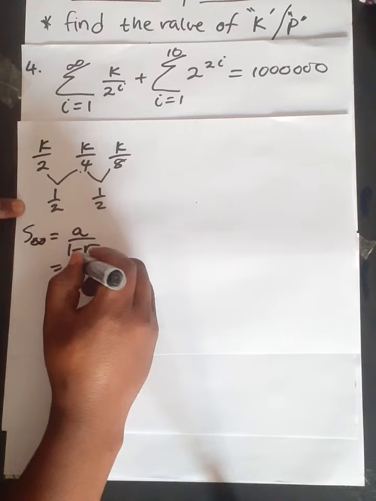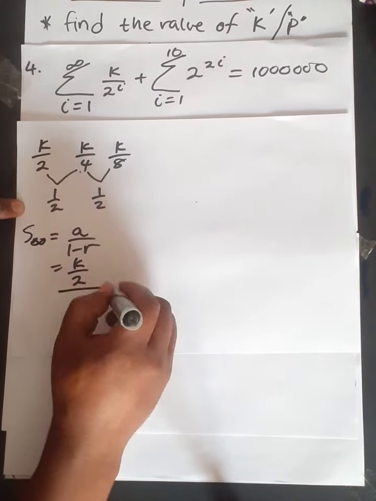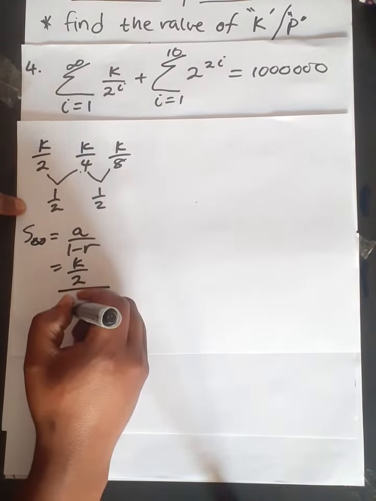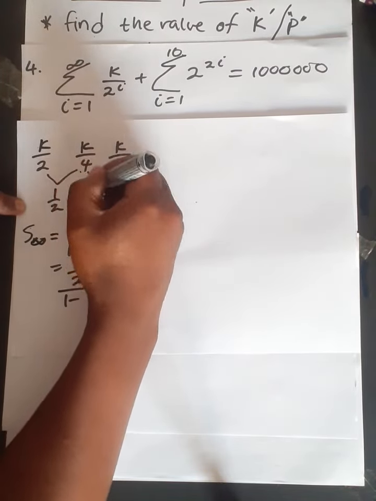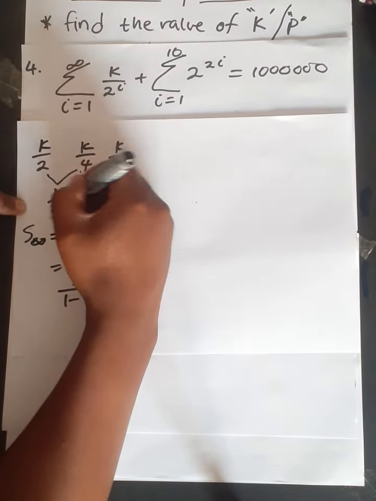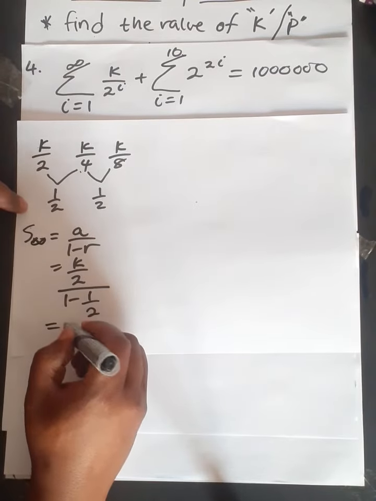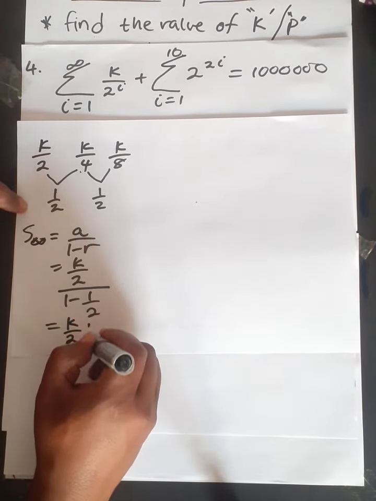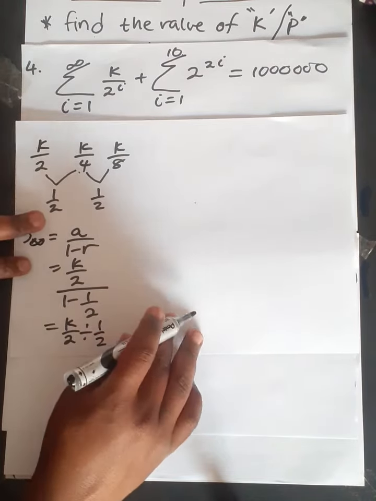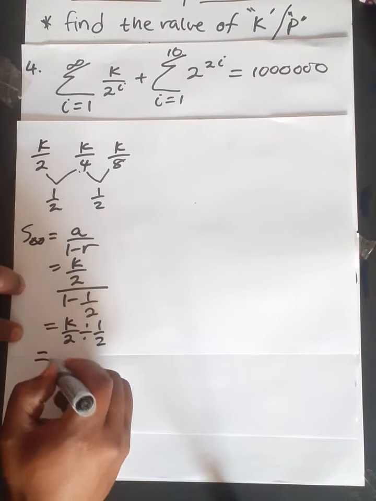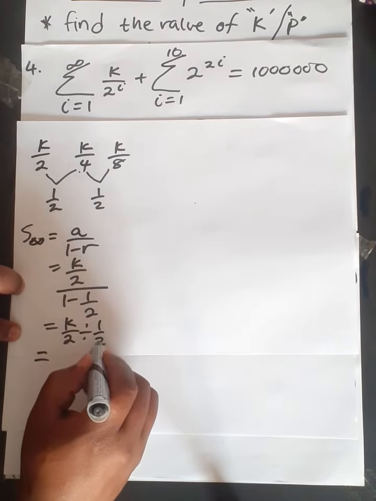First term is k over 2. k over 2 divided by 1 minus r, where r is our common ratio which is 1 over 2. So here k over 2 at the top, we have k over 2 divided by 1 minus half, which is half. Right? So we continue, and this value we multiply to get 2 over 1 2, cancel 2, and what remains is k. Okay.